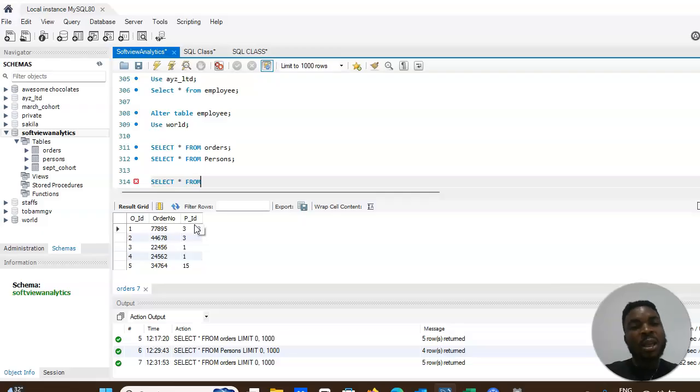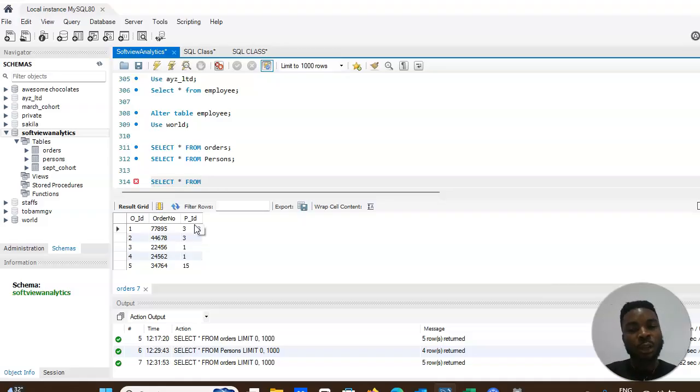Now note, from is supposed to mean what is the table that I want to call it from, but you understand that we now have two tables together now. I'm going to acknowledge the two tables. So I'm going to say from person join order, because those are my two tables.